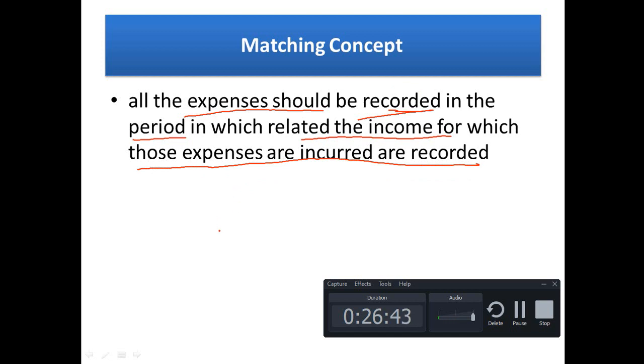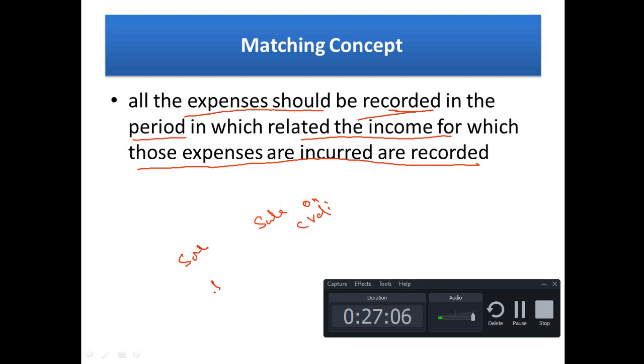It means in business, sometimes you are making sales on credit. No matter you make sales on credit, this sale is for this period, so you record the sales no matter when you receive money or cash.